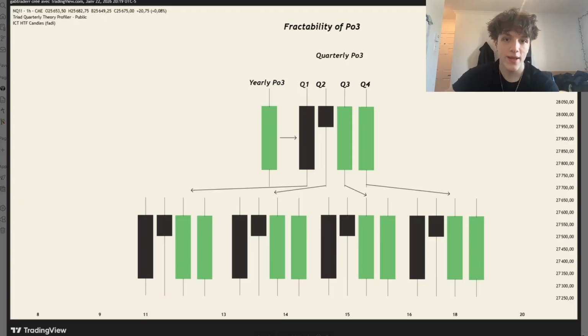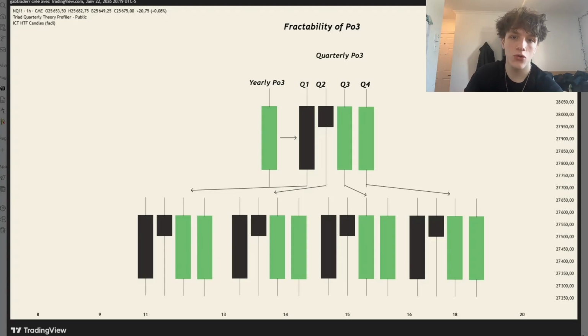Let's say right now we are forming the new yearly power of 3. We are at January 24th, meaning the yearly power of 3 has been open for 24 days of 365. Inside of our yearly power of 3, we will have 4 different quarterly power of 3s, Q1, Q2, Q3, Q4, as I teach in the first lesson about quarterly theory.